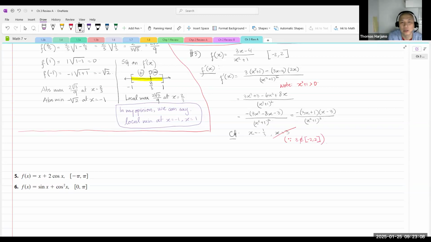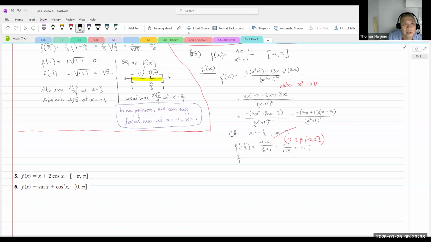So we have only one critical number. Then f(-1/3) is equal to (-1 minus 4) over (1/9 plus 1). If I multiply by 9, that's -3 times 9, -27, over 1 plus 9. So that's negative 2.7.